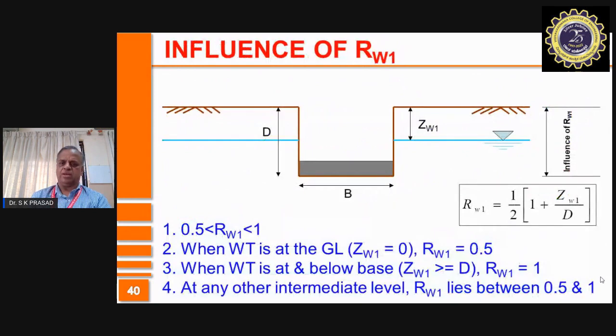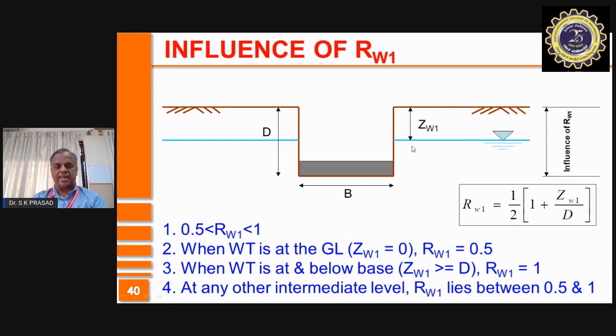And very quickly, the equation for Rw1 lies here. This is when the water table rises to a level above the base of the foundation and up to the ground surface.